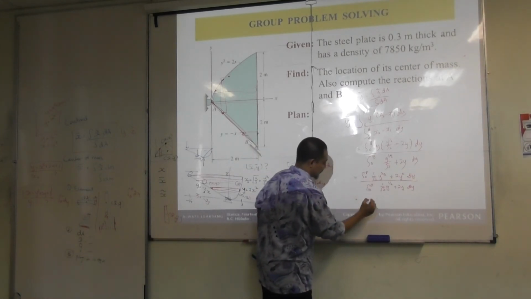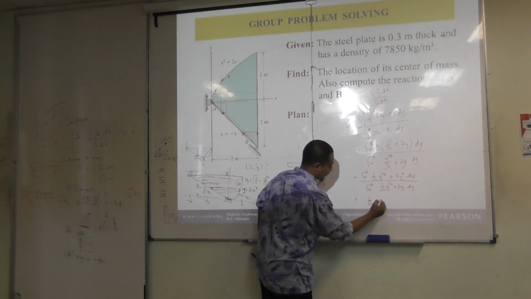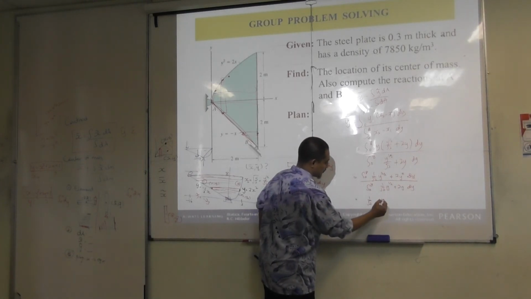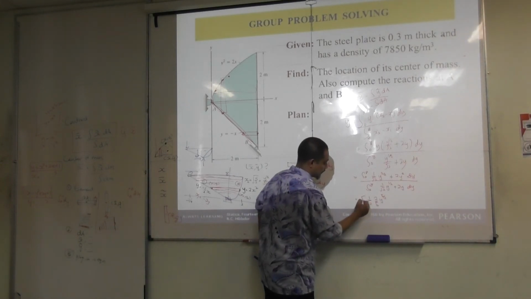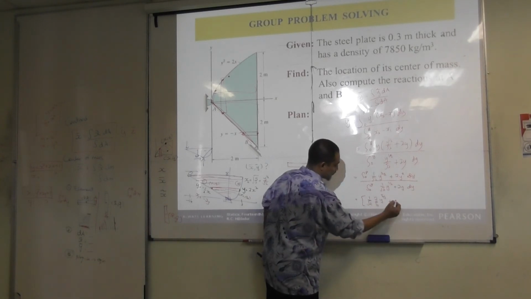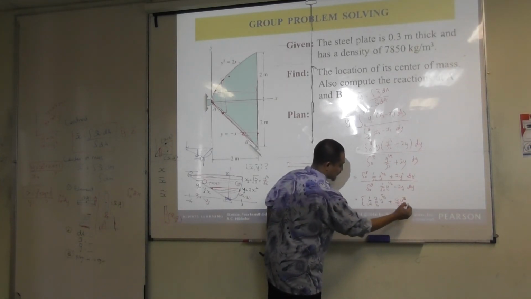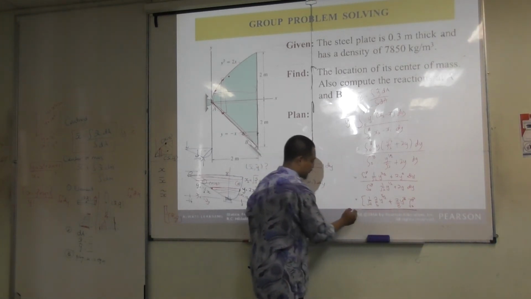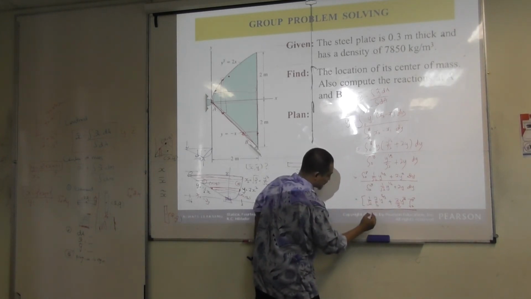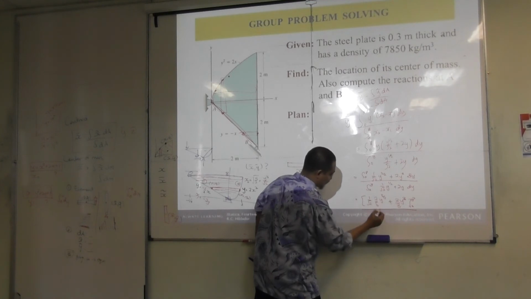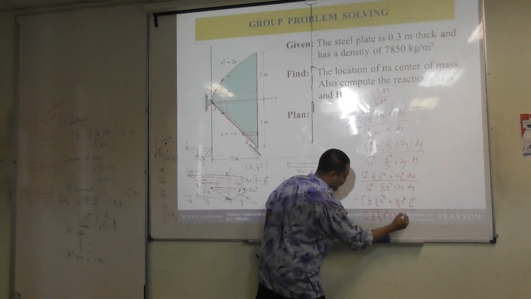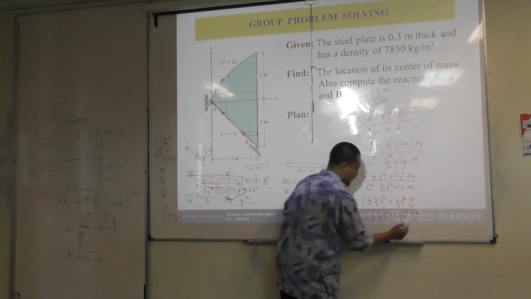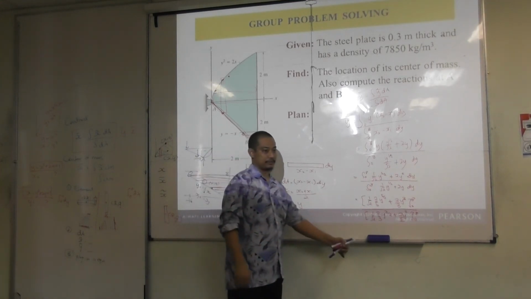Solving the integration, 1 over square root of 2, integrate y to the power of half: 3 over 2, so 2 over 3, plus 2y squared over 2, from 0 to 8. And the rest is mathematics. You can solve the rest, right?